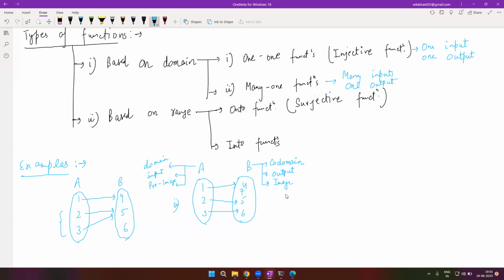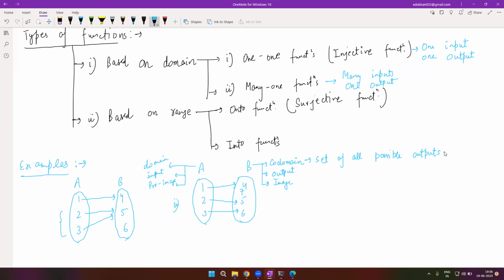So before going further, let's understand what is codomain. This is a new word. Codomain is the set of all possible outputs. So when you are connecting two sets, if you consider the set of all possible outputs, that is known as the codomain.